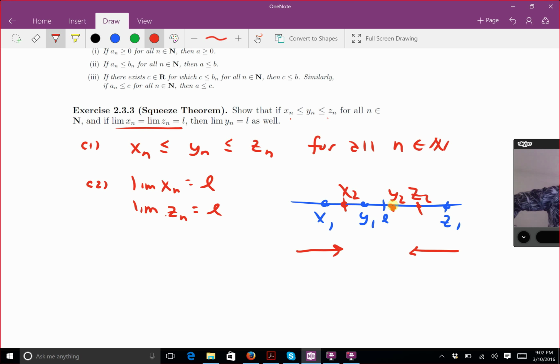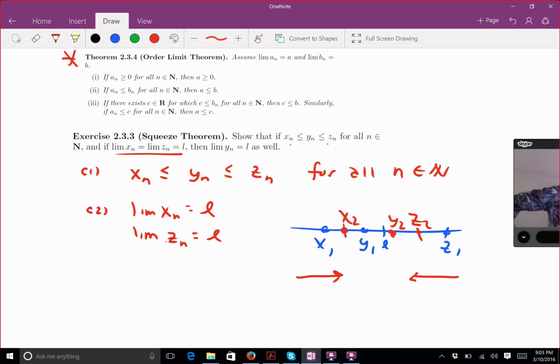How do we want to prove this? We want to prove that the limit as n goes to infinity of y_n is equal to L.